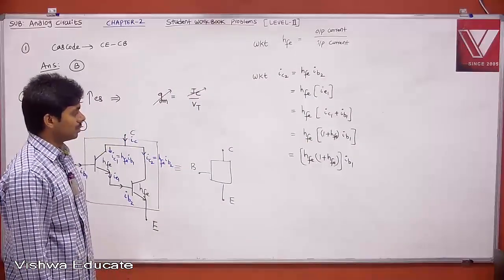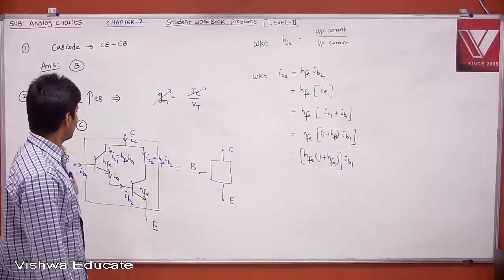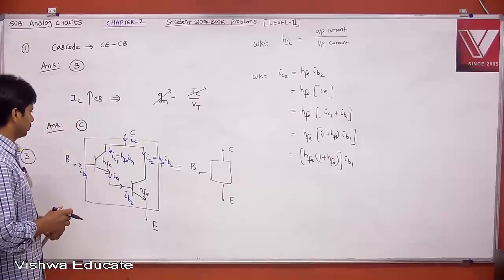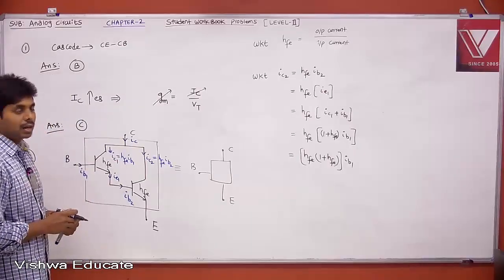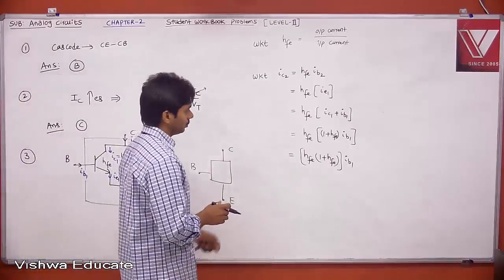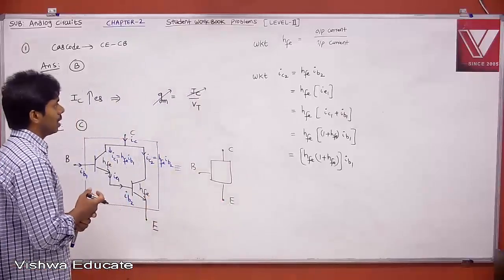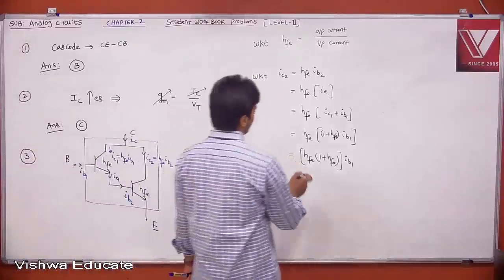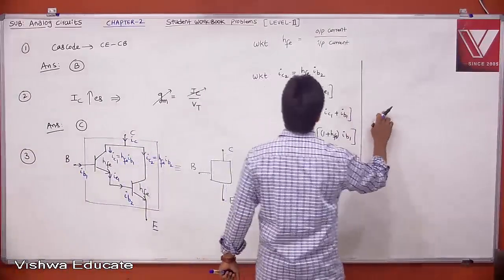That is what your IC2 is, right? Then what is your IC1? HFE into IB1, right? Therefore, what is your output current? This is what it is, right? Now, what is your output current?